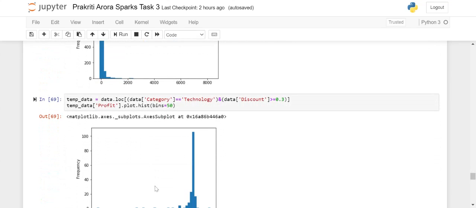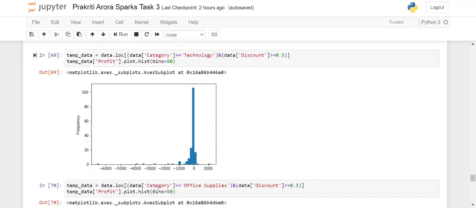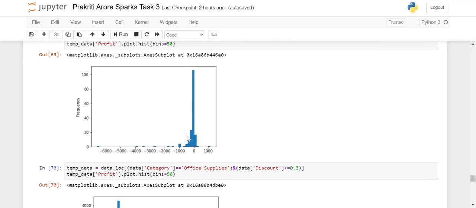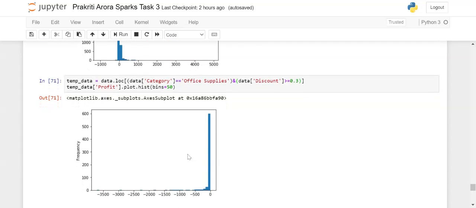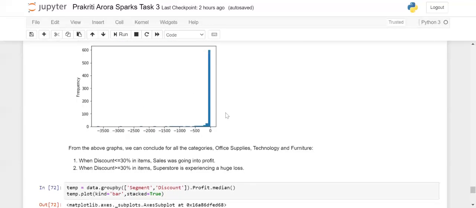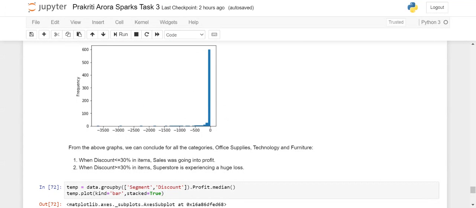But when the discount is greater than 30%, again we can see the loss. Similarly, for office supplies, less than 30% gives profit, and greater than 30% gives loss.